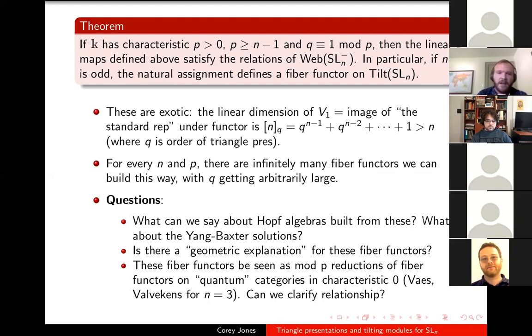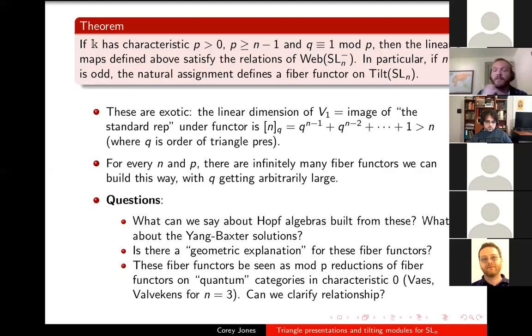What can you say? And then a big question that I have, which is kind of every attempt I've tried to make sense of this has failed: is there a geometric explanation for these fiber functors? There's all kinds of relations between representation theory and buildings that come from things like the Satake correspondence, which don't fit. This picture that we're talking about here doesn't really fit in that picture at all.